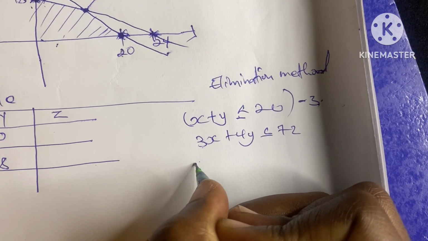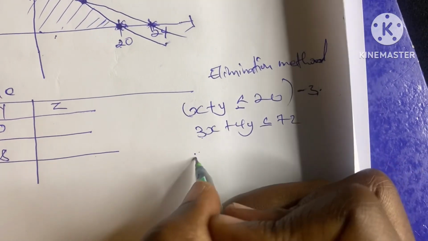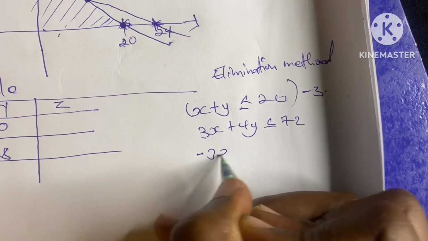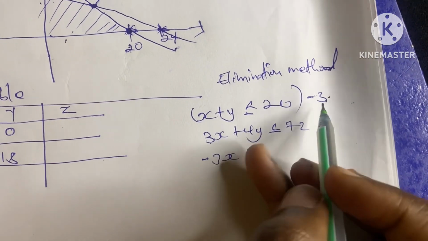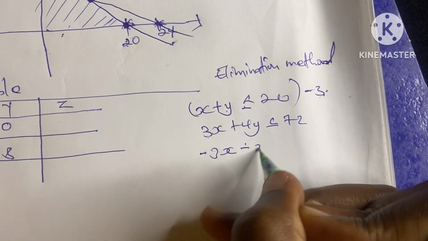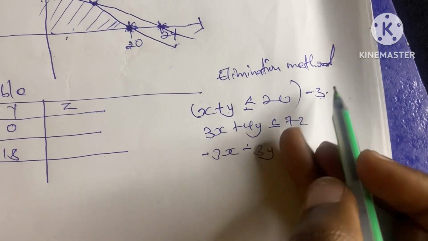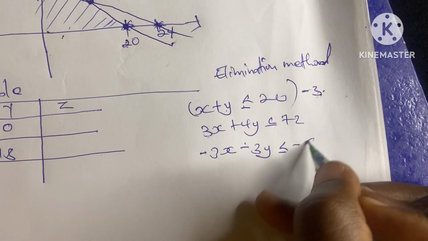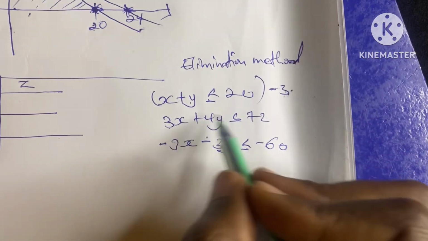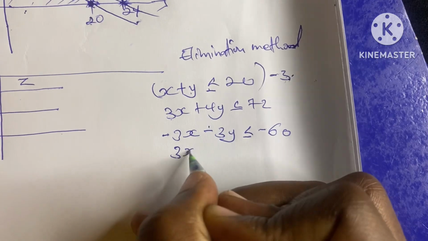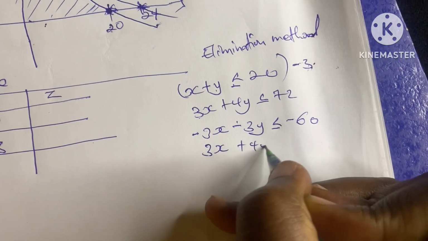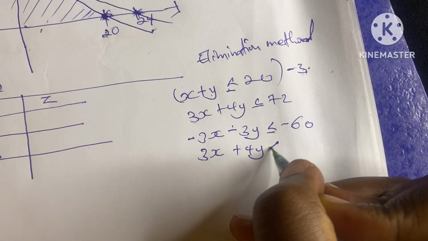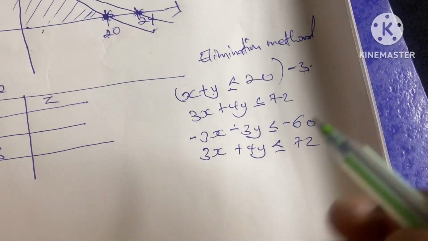So this times this, it will be -3x. Then this times this, it will be -3y less than or equal to this times this, it will be -60. Then we bring this equation down here, 3x plus 4y less than or equal to 72.